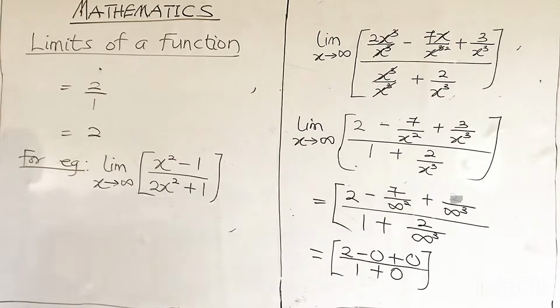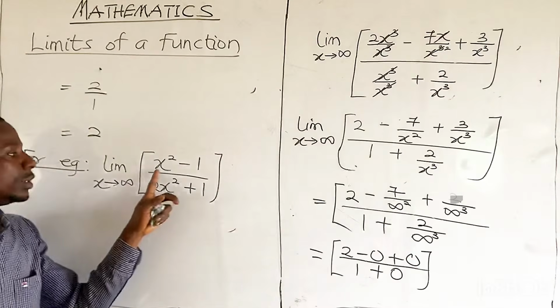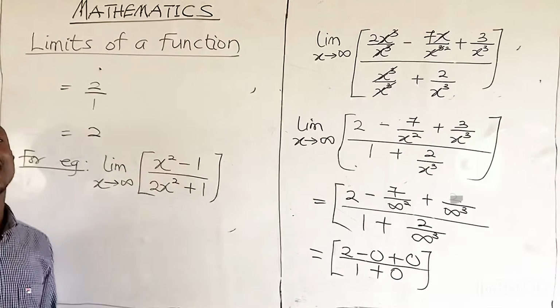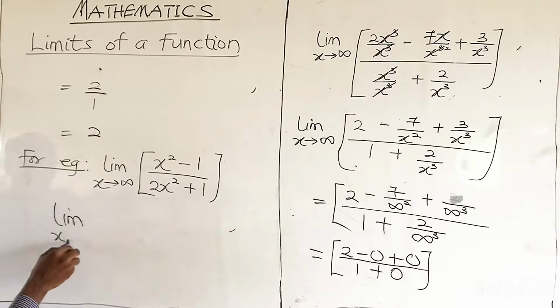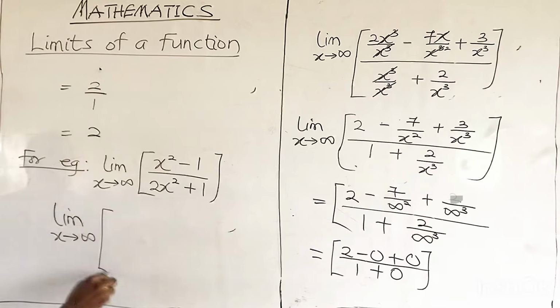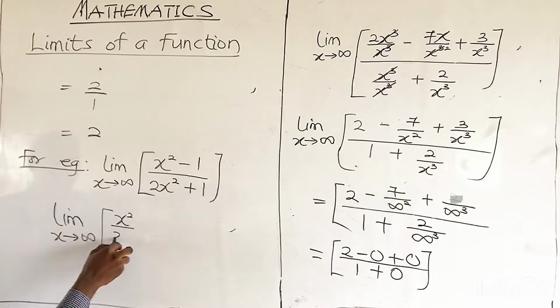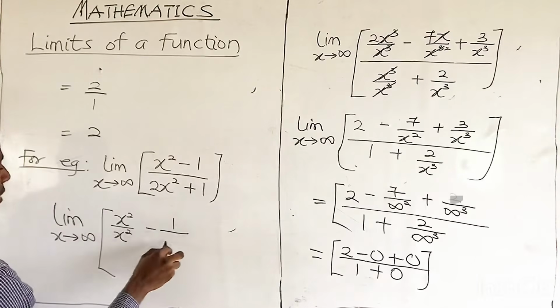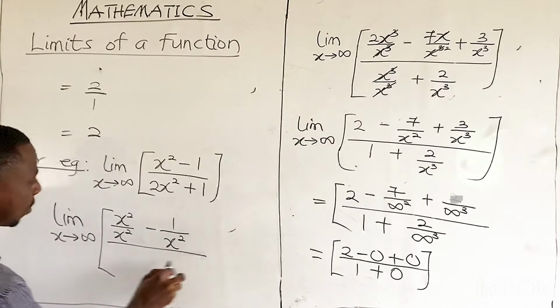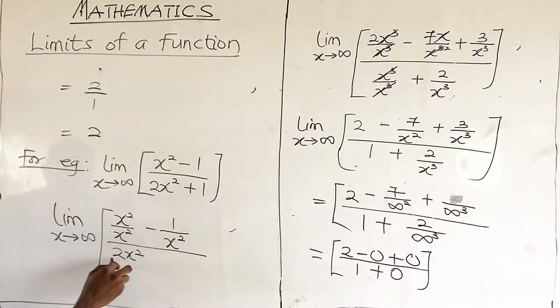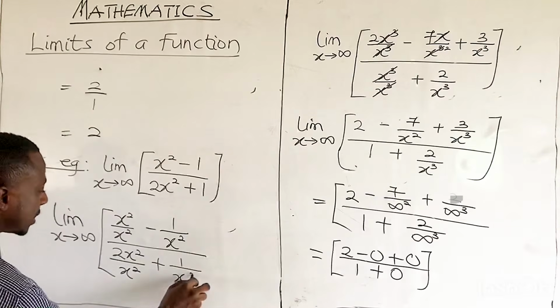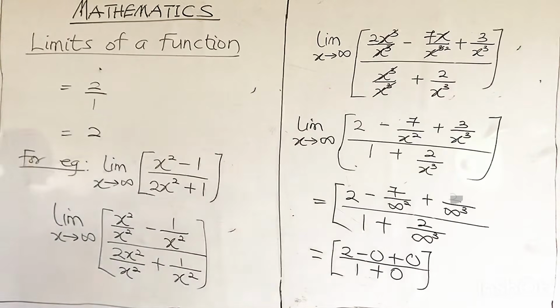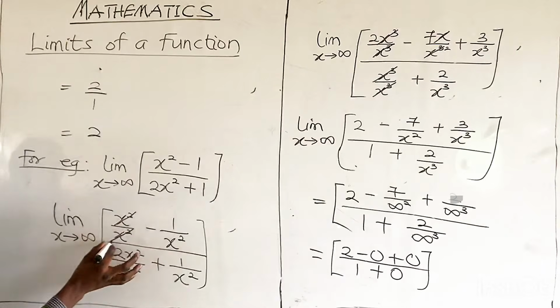Just as we did in the first example, we are going to divide each term by the highest exponent of x. So we have the limit as x approaches infinity of x squared over x squared minus 1 over x squared, all over 2x squared over x squared plus 1 over x squared. From here, x squared cancels x squared, and x squared here also cancels x squared.